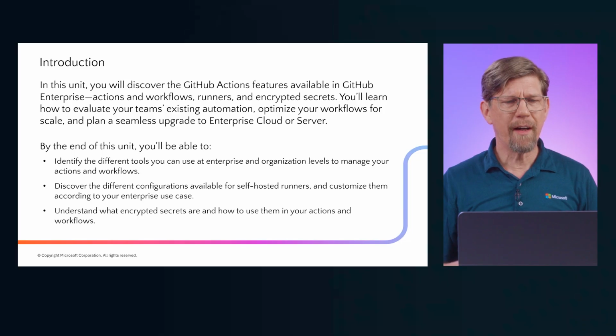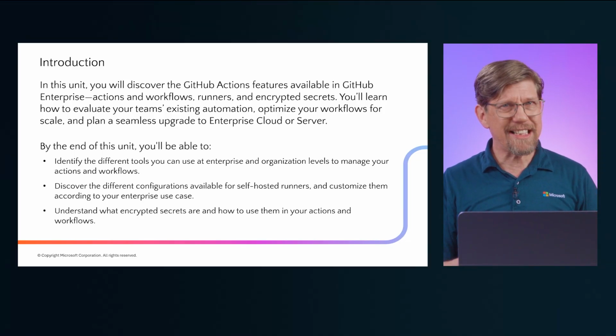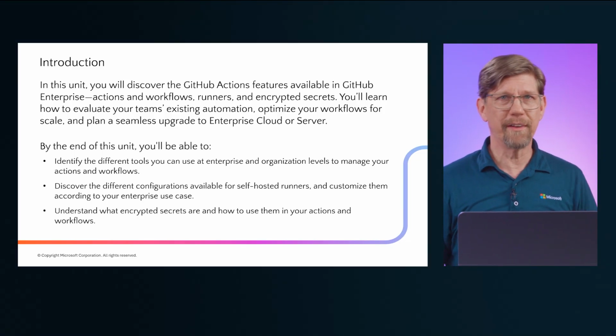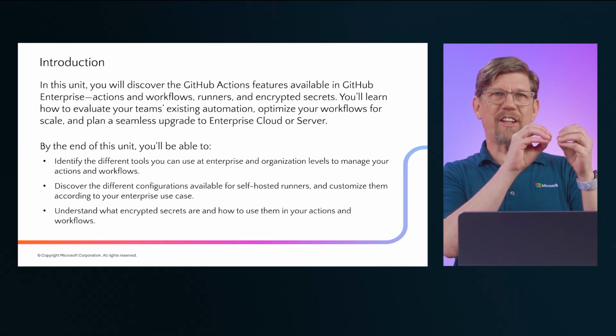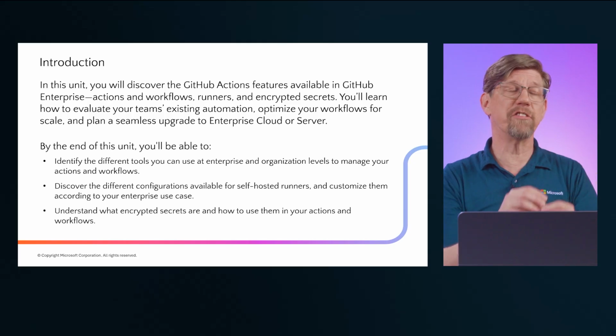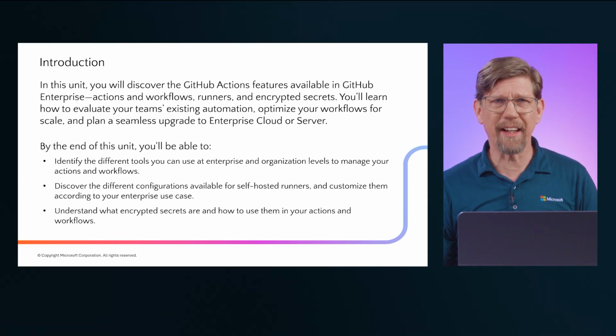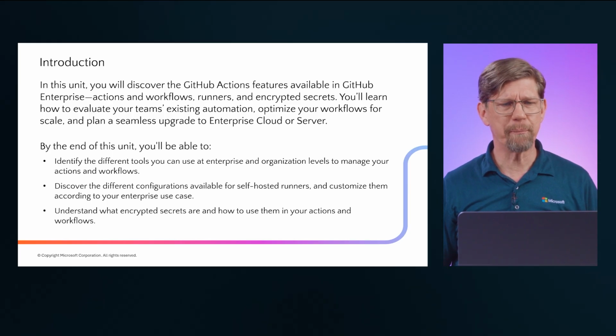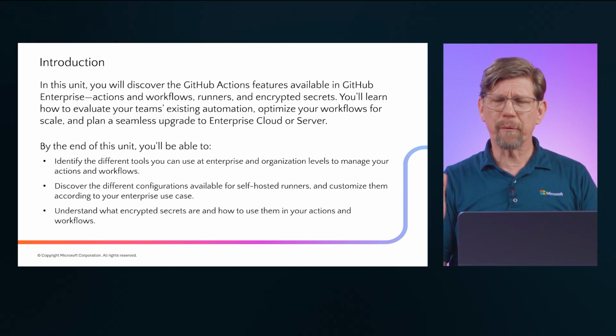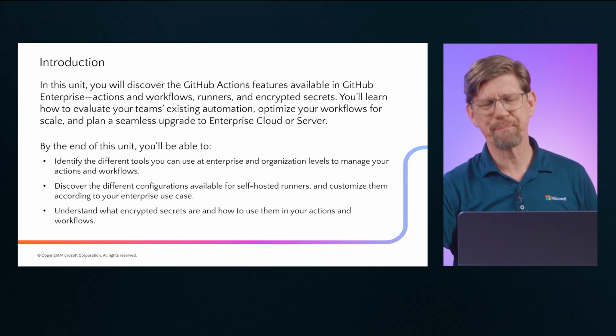And then finally, we'll look at secrets. So in an earlier session, we saw secrets could be applied at the environment level or at the repo level. And now we'll start moving that up in scope. And so that's our quick and final collection.